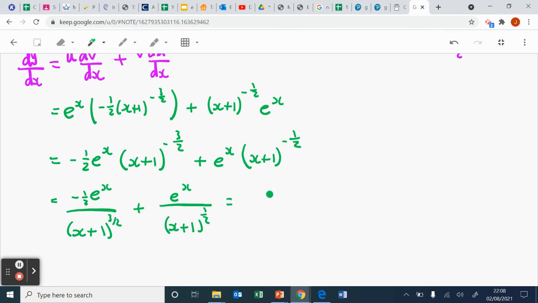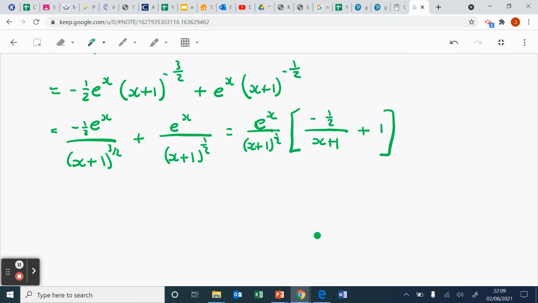So I can now factorize 1 over x plus 1 to the power of a half, and also factorize out e to the x. And then inside, I have minus a half over x plus 1, plus 1.